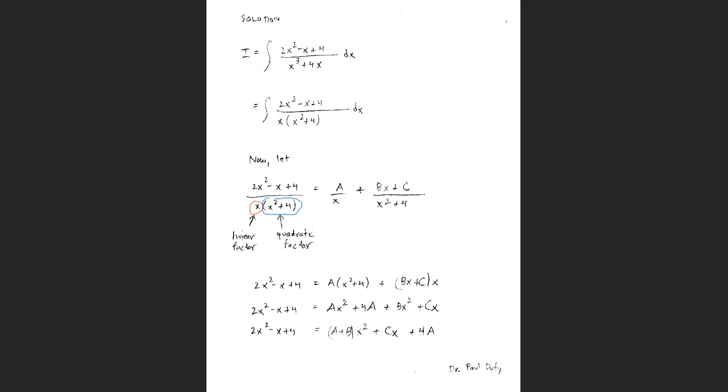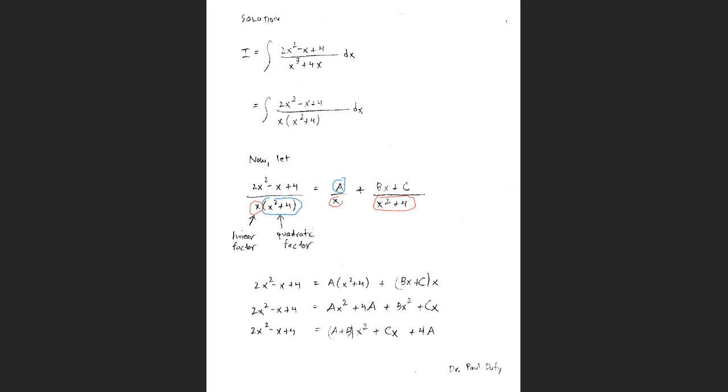In the partial fraction expansion, we have the sum of 2 fractions with the denominators x and x squared plus 4. So what do we then put in the numerators of the fractions? Well, since x is a polynomial of degree 1, above the x we put a constant, because a constant is of degree 0. So what goes above in the numerator has to be of one less degree than the polynomial in the denominator.